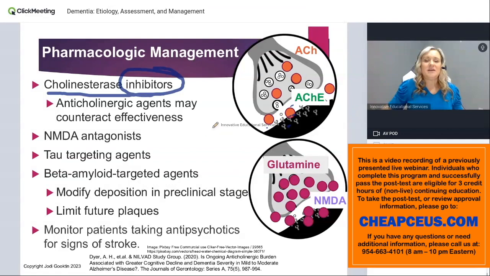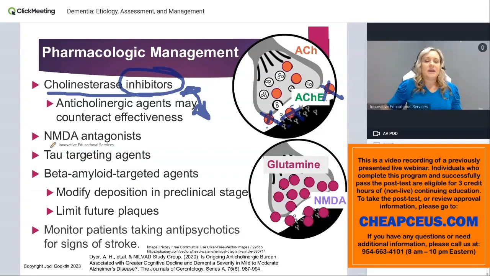So basically, they are going to reverse everything we just did. These two medications are going to fight with each other. And as a result, the acetylcholine is going to be blocked. Thus, that Alzheimer's disease medication is not going to be as effective. So we've got to watch for medication interactions.